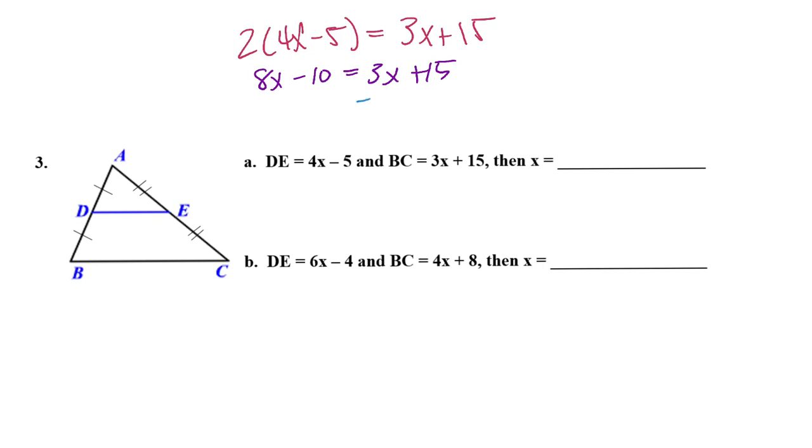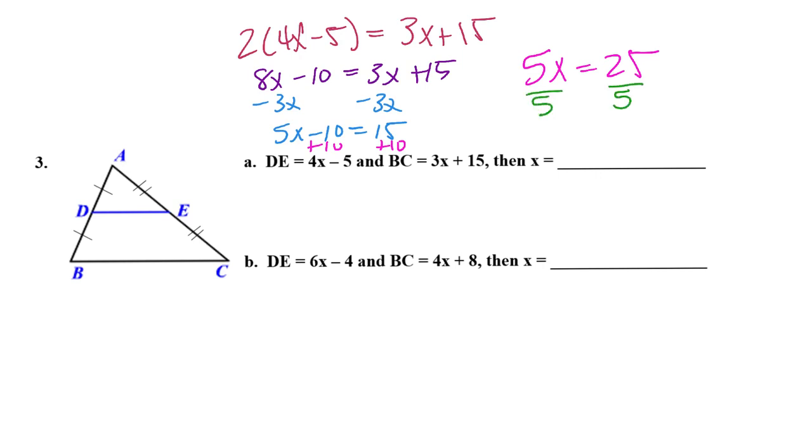So I'm going to minus the 3x on both sides. 5x minus 10 equals 15. Add the 10. 5x equals 25. Divide by 5 on both sides. x equals 5.